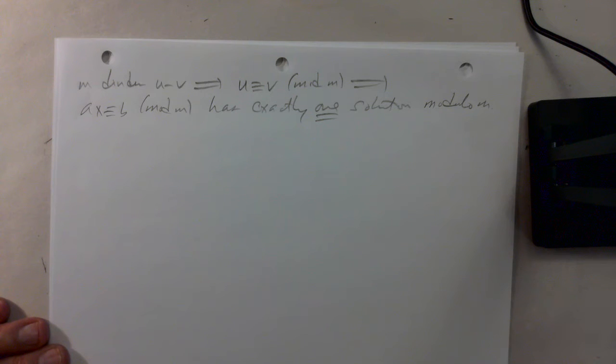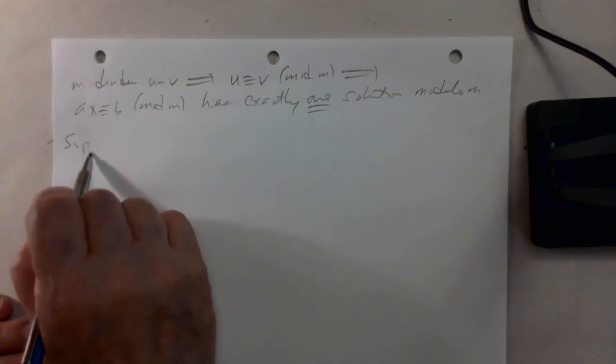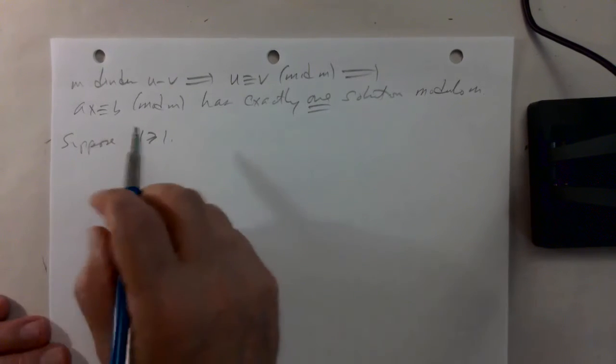So that's a special case of the theorem. The theorem says that if the greatest common divisor of A and M is D, then the congruence has D solutions. So we know this is true when D is equal to 1. So let's look at the general case, D greater than or equal to 1.